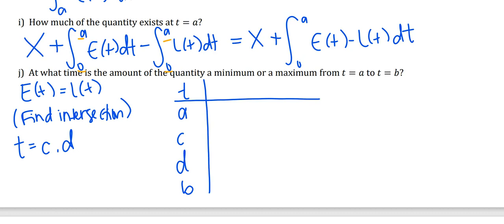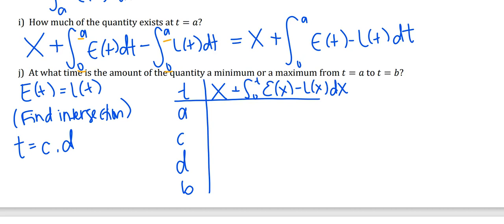Now I need to know how much of the quantity exists at each of those times. So refer back to the part we just did, part I. So the amount that we'll have for each will be what I started with, x, plus the integral, and I'm going to combine those integrands, from 0 to whatever time I'm checking of e of x minus L of x dx, right?